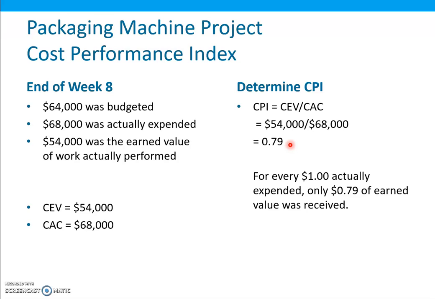This ratio indicates that for every $1 actually expended, only $0.79 of work earned value was achieved. So when the cost performance index goes below 1 or gradually gets smaller, corrective action should be taken.